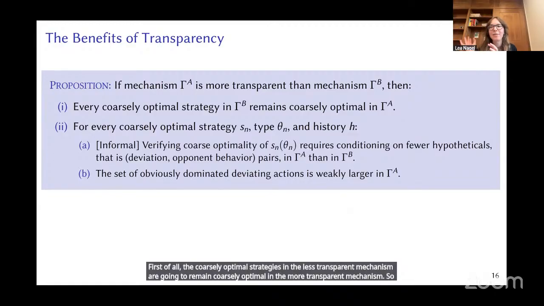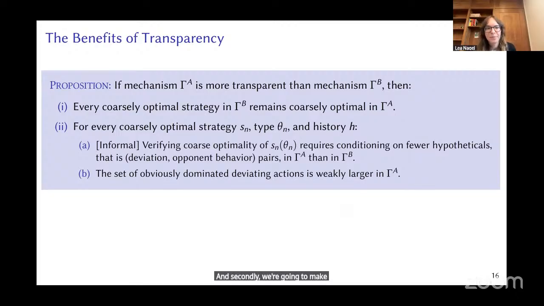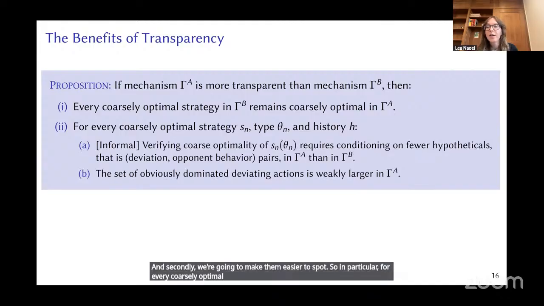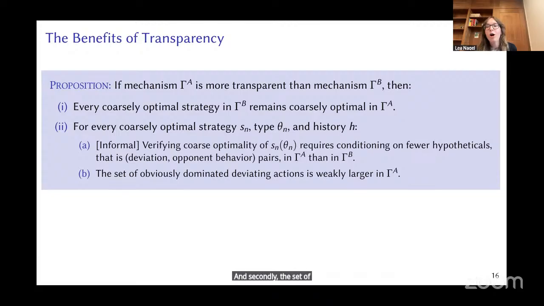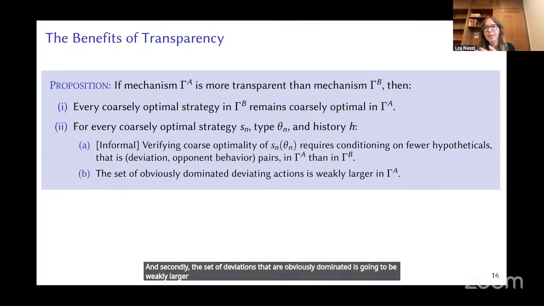So we're not getting rid of the good behaviors that you were thinking of. And secondly, we're going to make them easier to spot. In particular, for every coarsely optimal strategy, verifying coarse optimality is going to require you conditioning on fewer contingencies, by which we mean deviation and opponent behavior pairs. And secondly, the set of deviations that are obviously dominated is going to be weakly larger as we increase the transparency of the mechanism.